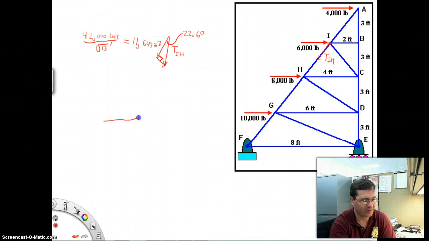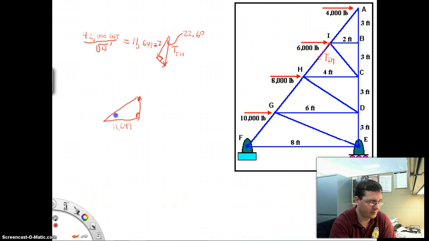So I'm going to redraw this triangle with this 11,649 pound force in the horizontal direction, and this hypotenuse that represents the tension at an angle, and the perpendicular to this I've drawn vertically.